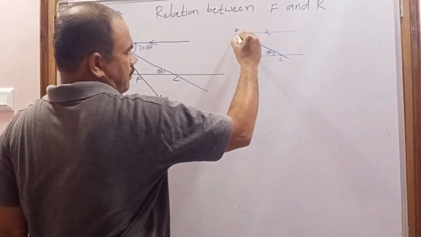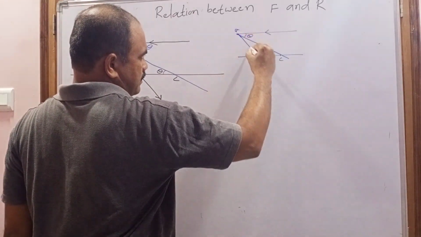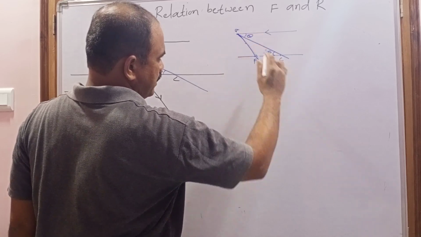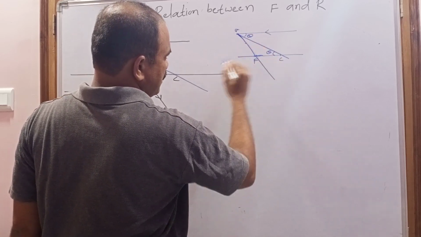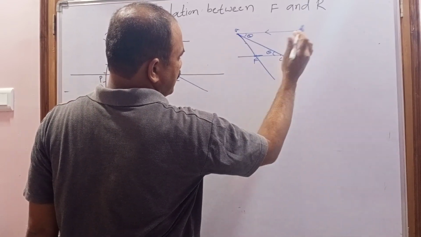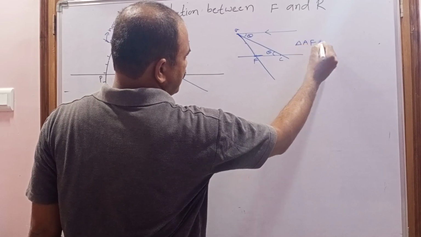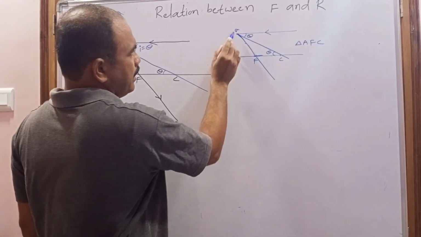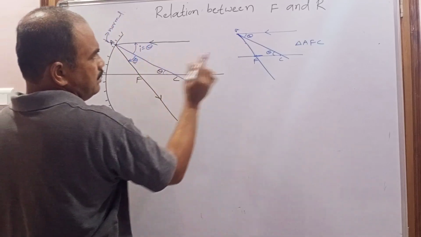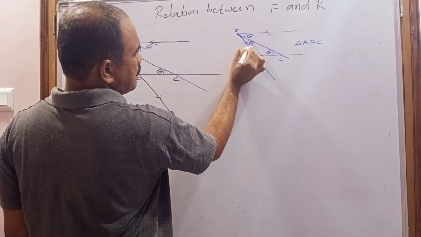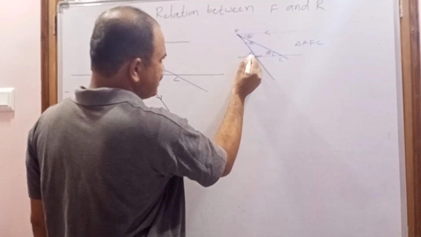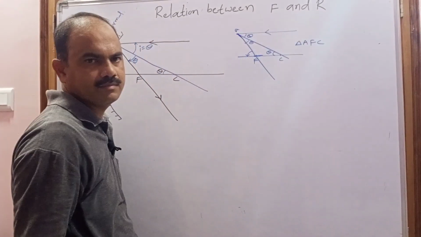Now the reflected ray is going like this, passing through the focus. When you observe this triangle, it is triangle AFC. This is the angle of incidence, this is also the angle of reflection, and this is also theta. These two are interior angles and this angle is the exterior angle.